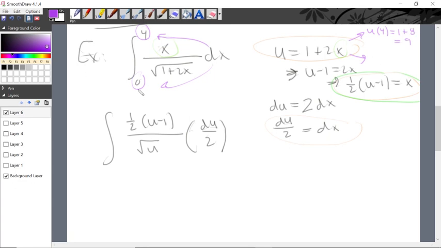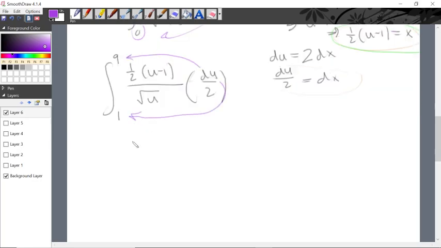For the new lower bound, we evaluate where x is equal to 0. So u of 0 is equal to 1 plus 2 times 0, which is equal to 1. So the new bounds are going to be 1 and 9. So we have values of u.